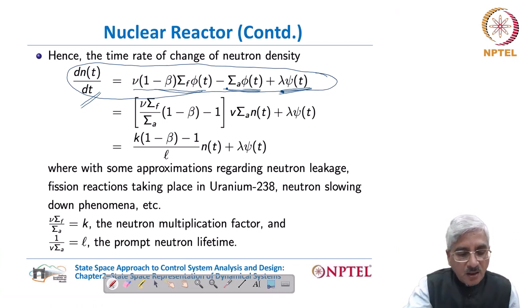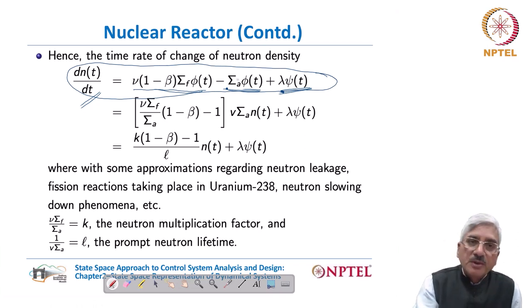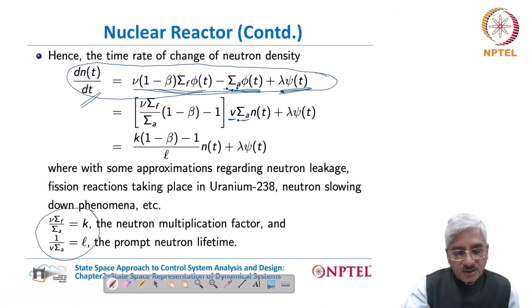Of course, we do some manipulations. We divide these two terms by sigma A, take out sigma A, also take out V, the velocity, divide by V, and introduce these two notations which are popular in the nuclear reactor domain.